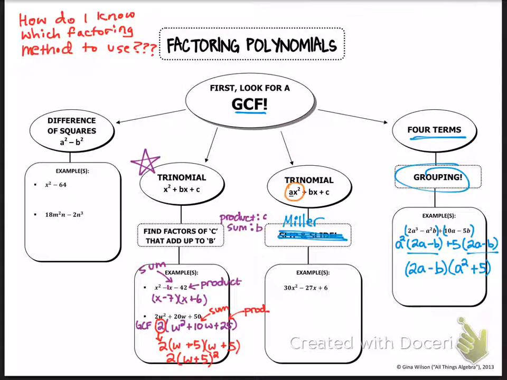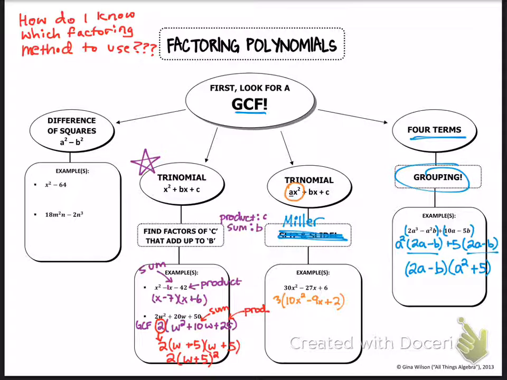Let's look at this example. Look for the GCF. There is a GCF. It's a 3. When I take out a 3, I have 10x squared minus 9x plus 2. I'll tag that GCF on later. I notice that it is not blank. I have a 10. So I'm going to do the Miller method.